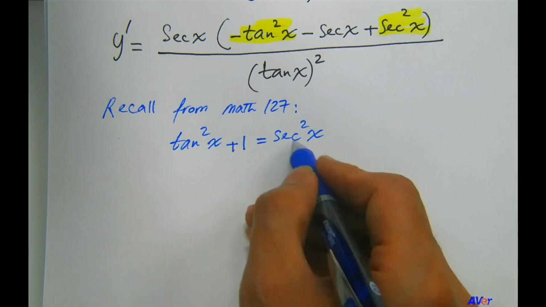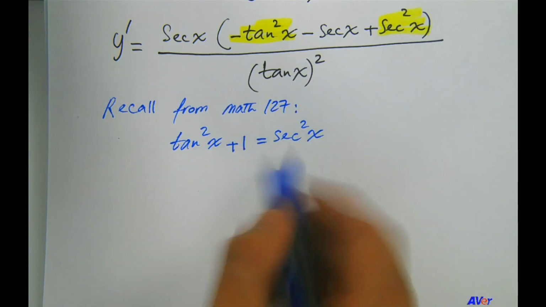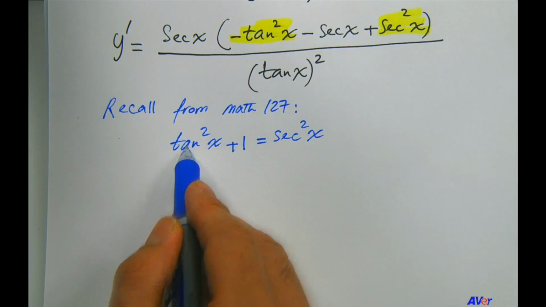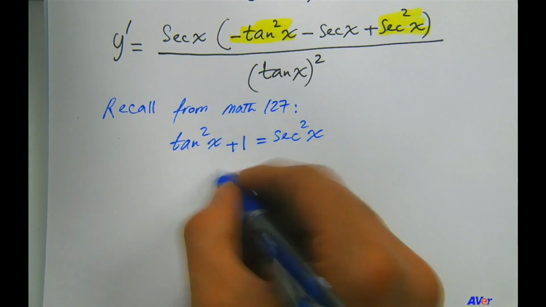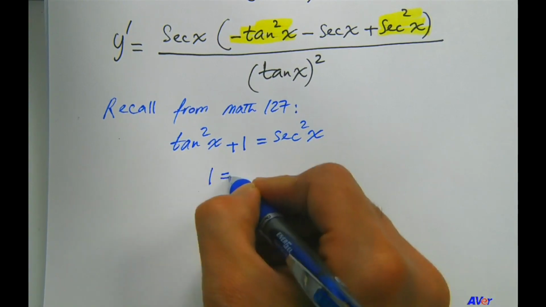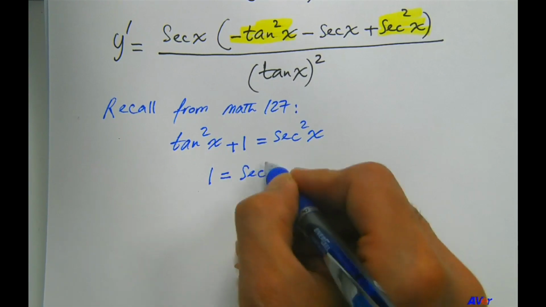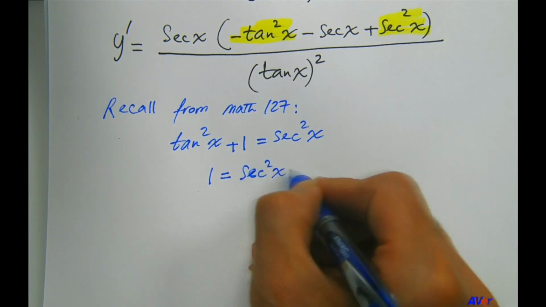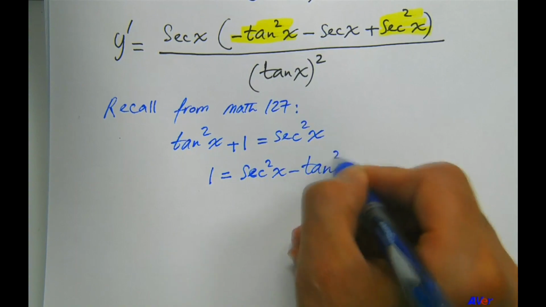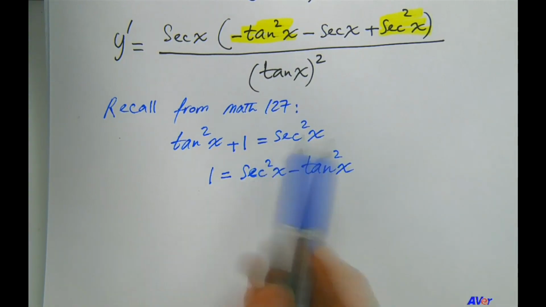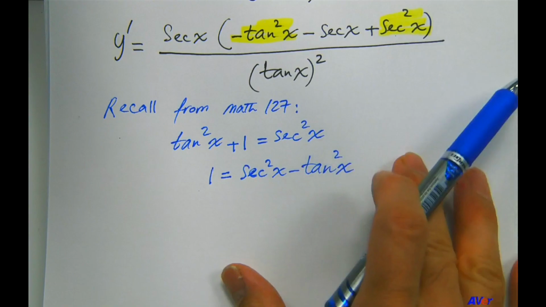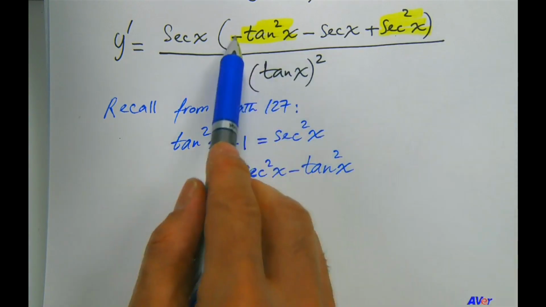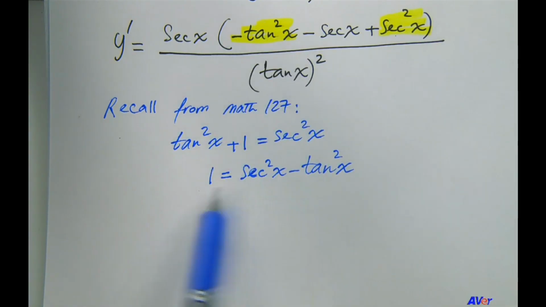So using this, just rearrange these terms, move the tangent squared x to the other side, it becomes negative. So we have 1 equals secant squared x minus tangent squared x. So secant squared x minus tangent squared x, which is this arrangement, is equal to 1.